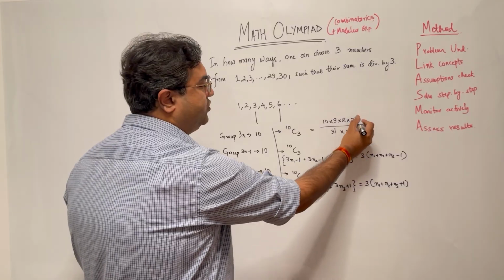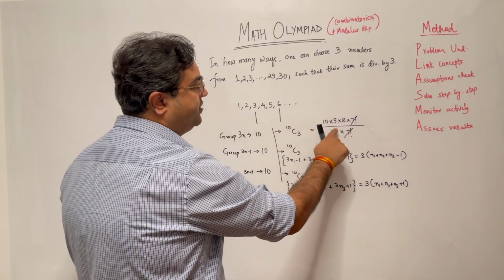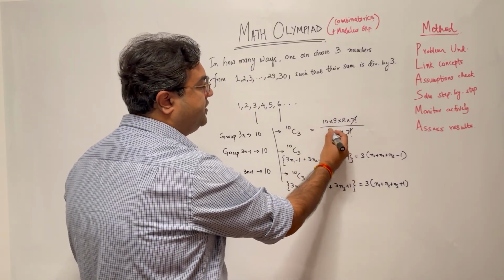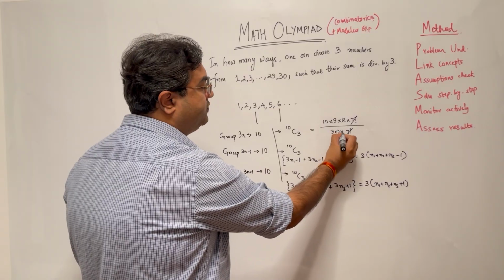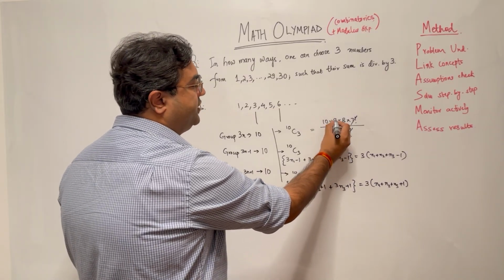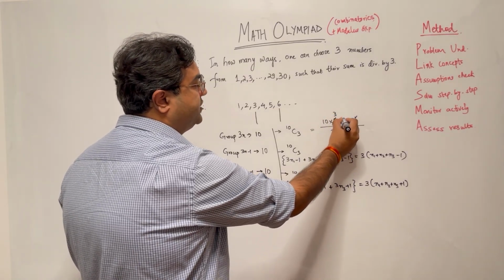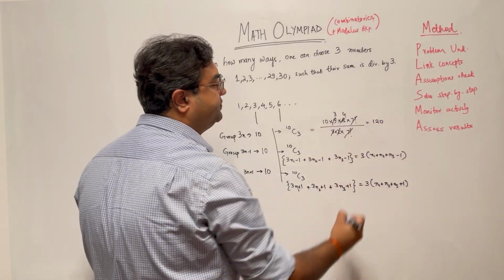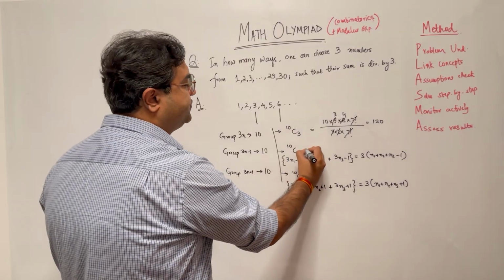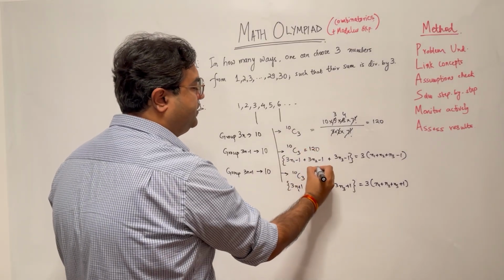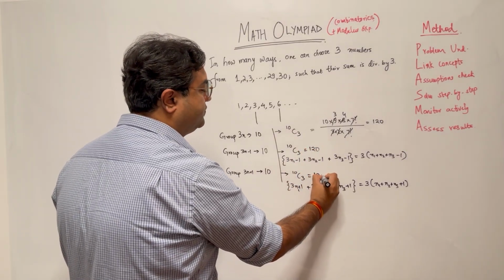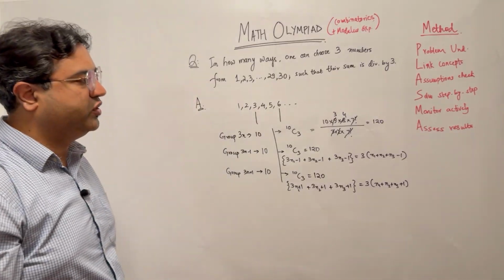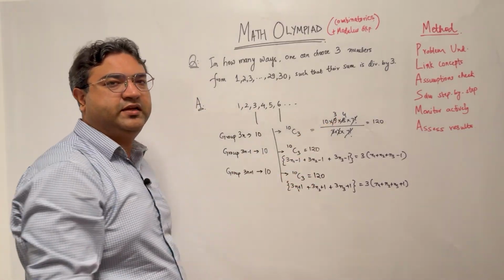So all this 7 factorial will cancel here. 3 factorial will become 3 into 2. So 3 will cancel here, 2 will cancel here. So this will become 120. Similarly, this will become 120 and this will become 120. Okay. So we got 360.